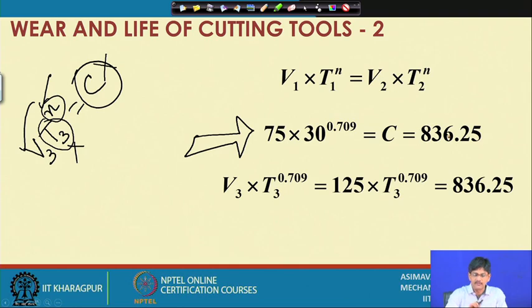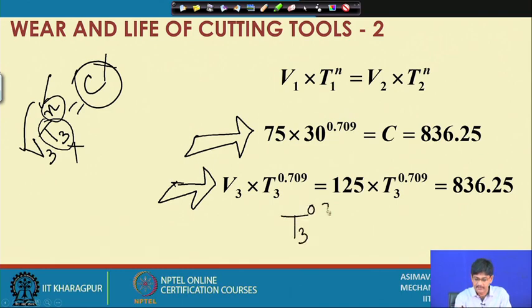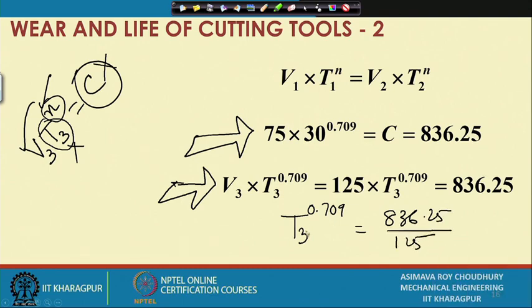So, now if I apply it in case of the third equation, that means V 3 and T 3, we have 125 meters per minute multiplied by T 3 to the power 0.709 is equal to 836.25, which means I will have T 3 to the power 0.709 is equal to 836.25 divided by 125, and therefore, once again by taking log I can solve it.